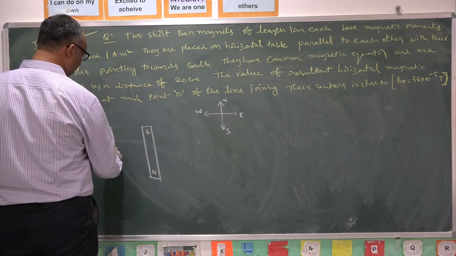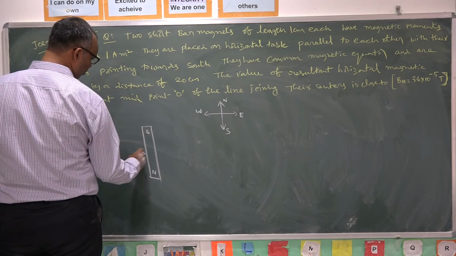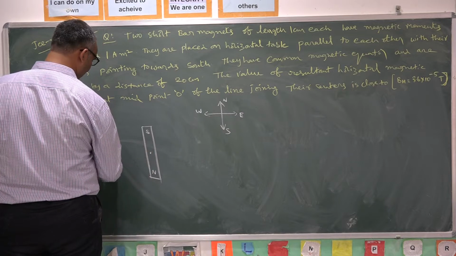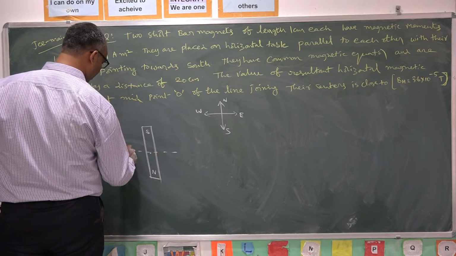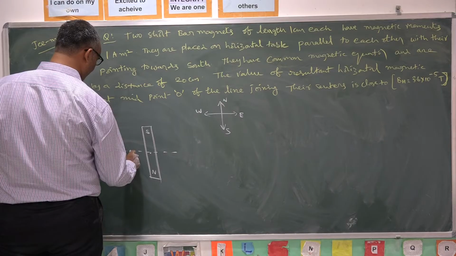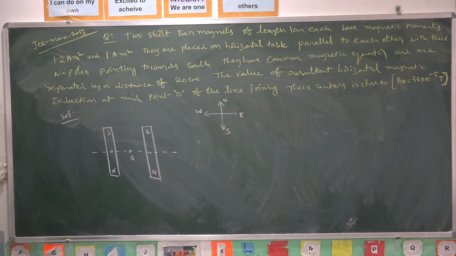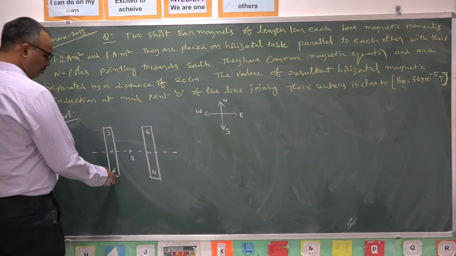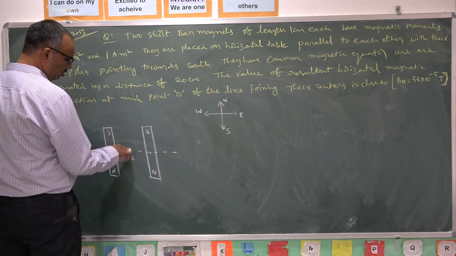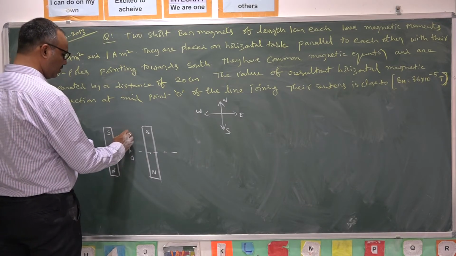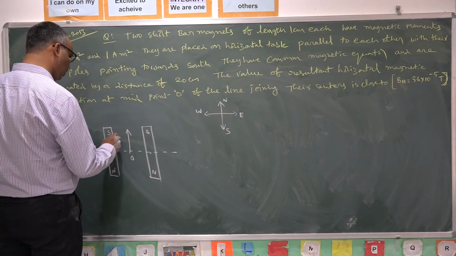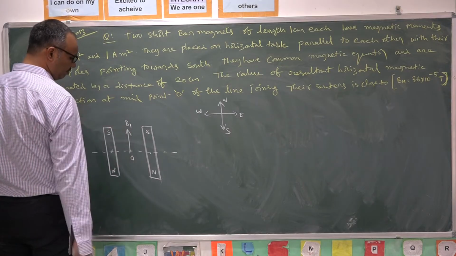There is a line joining their centers, and this is the midpoint O. At this point, they are asking for the resultant magnetic induction. From north to south lines of force will go. The tangent to the line of force means the magnetic induction due to the first magnet B1 will be in this direction.